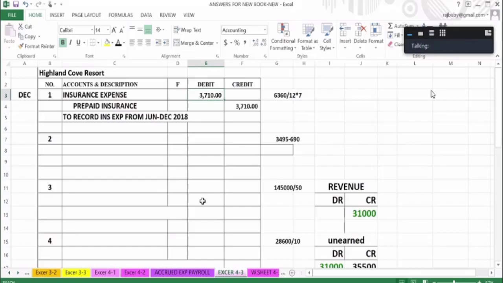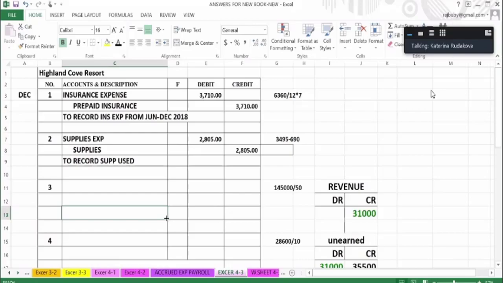Supplies 690 and 690. The 690 is going to be used for the next year, but you have to show supplies expense 3,495 minus 690. The same amount you are going to decrease from the supplies. Credit, yeah. Right. 2,805.